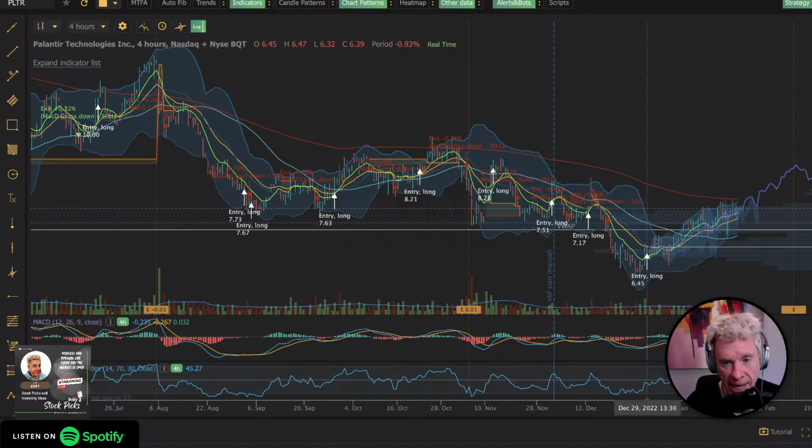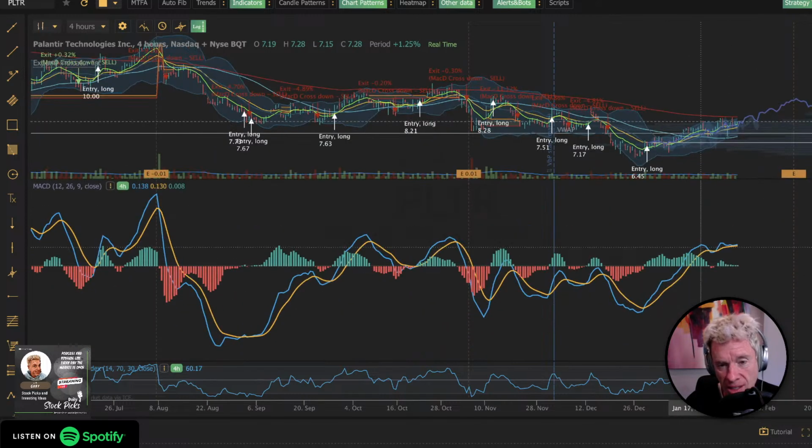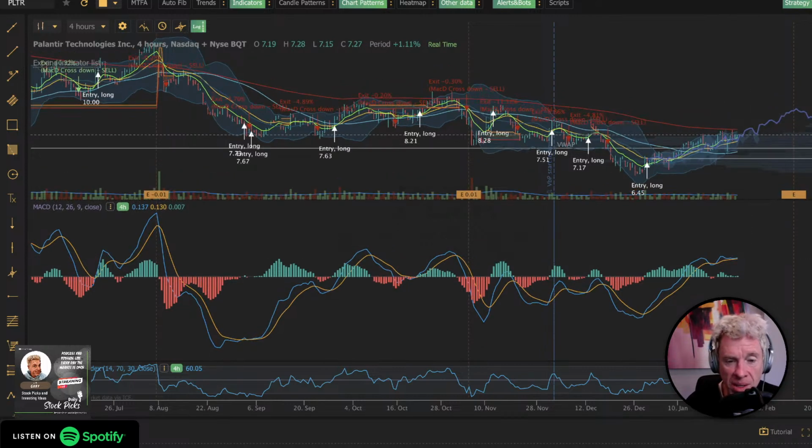February, I can start trading. But Palantir is one. I mean, I like it at 645 on December 29th. It crossed up again on the MACD. You can see how it crossed down on Monday, January 20th. It crossed up again. And so it gave us a buy signal on our algorithm.